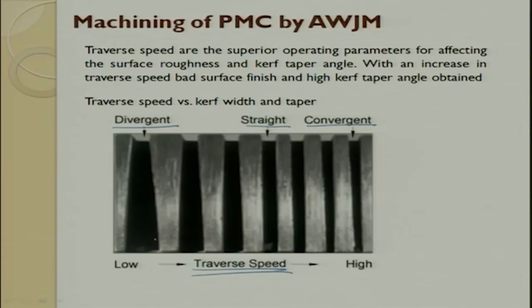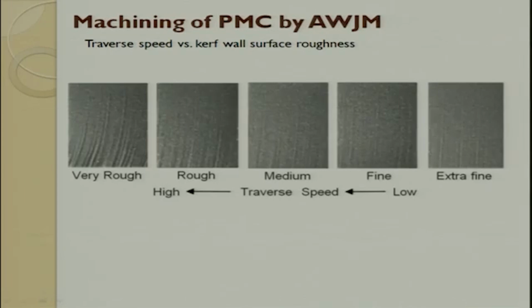Basically there is more or less time for the abrasive to hit the workpiece and remove it. We always have convergence here, divergence here, and if there is a taper, we call it the kerf width. So here we have very rough surface, medium rough, fine and extra fine. These are the surfaces generated by abrasive water jet while machining polymer matrix composite.